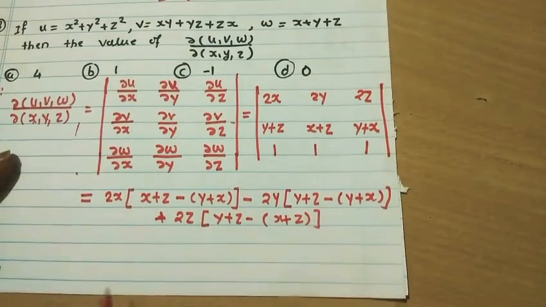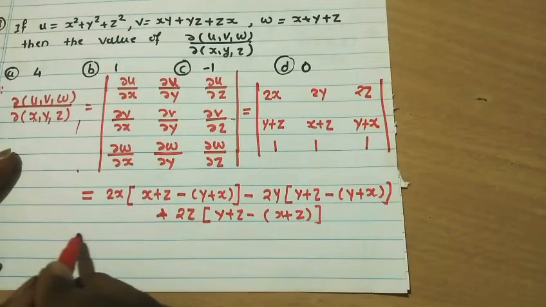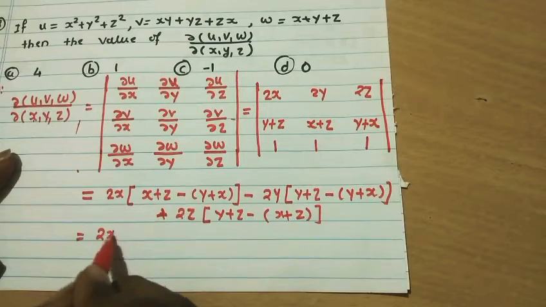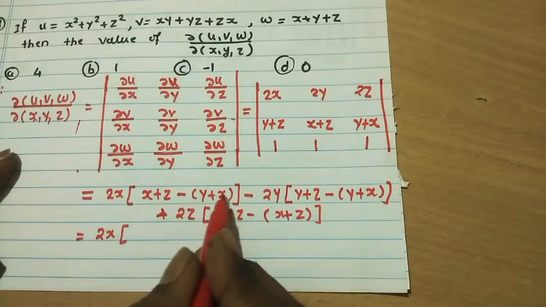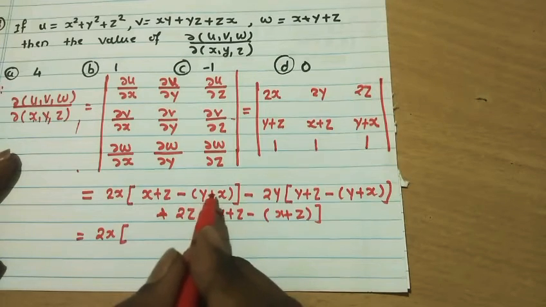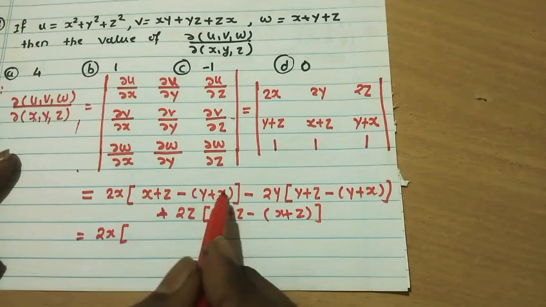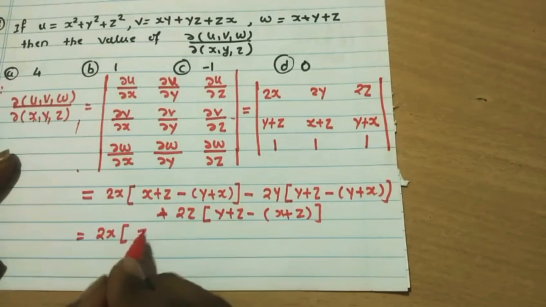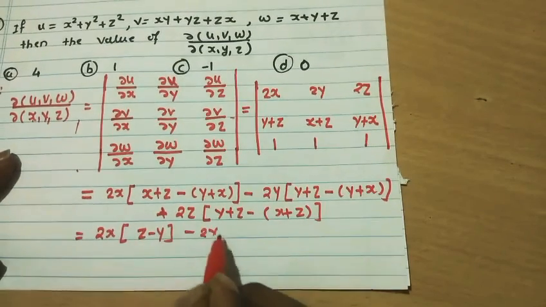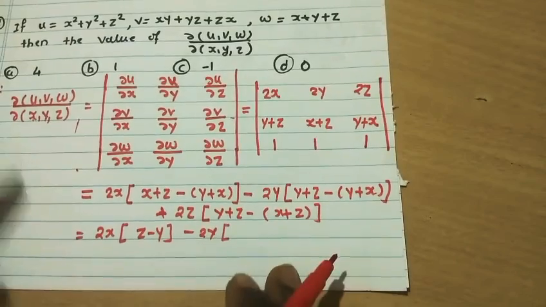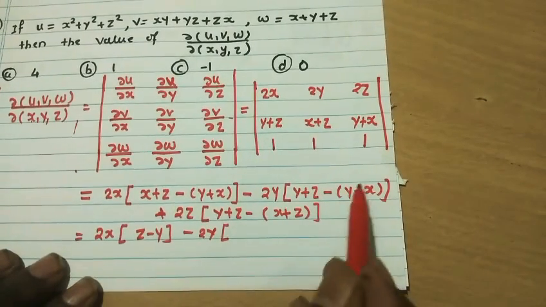Now try to simplify this. You will get 2x as it is, in bracket x plus z minus (y plus x). If I open the bracket, the sign will change. So x and x get cancelled. So only z minus y remains. Here minus 2y into, if I open the bracket here, the sign will change.